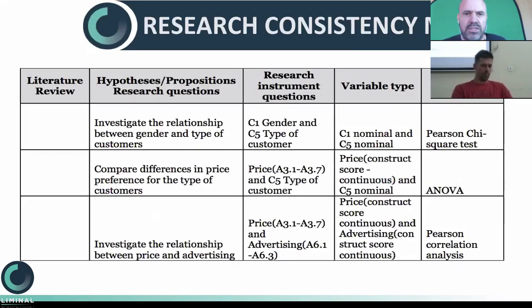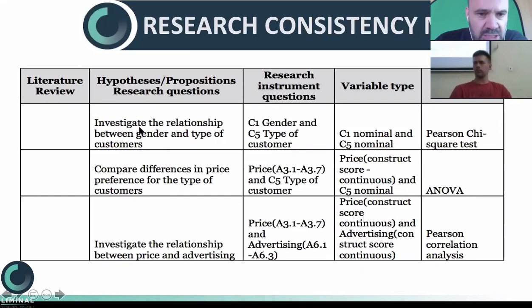And let us look at a research consistency matrix. This is very important. You have your literature review or your theory. So you start with your theory. Then you'll have your hypotheses, propositions, research questions. In the first line, you put in your first research question. These are very simple questions here, but just to give you an idea.